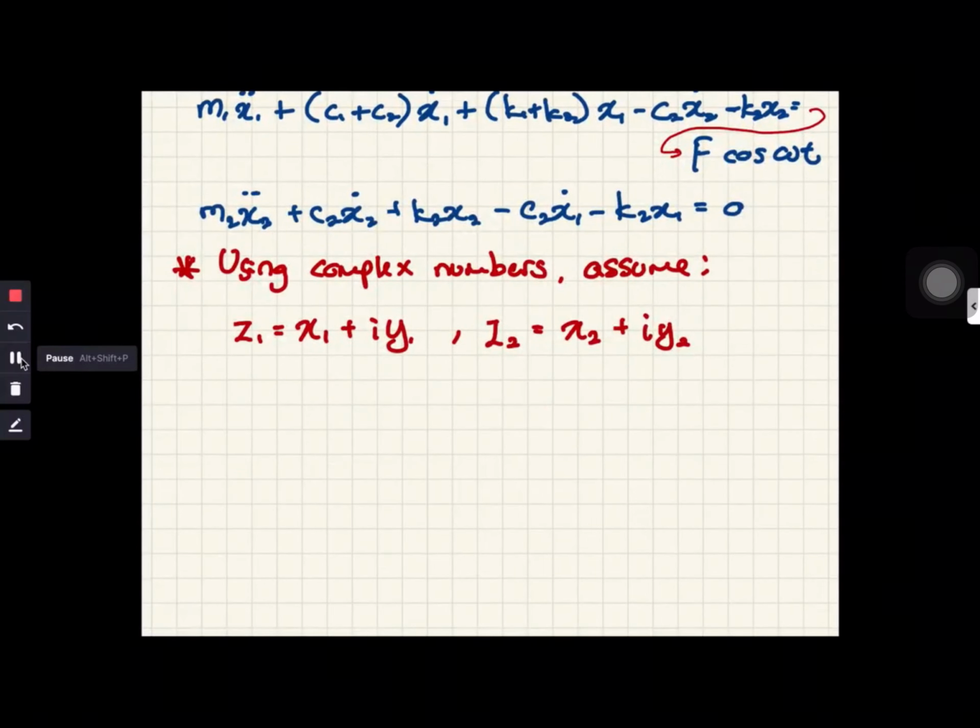Okay, so using this method, we can rewrite the equation of motion.